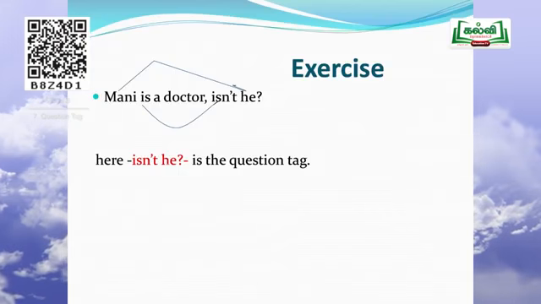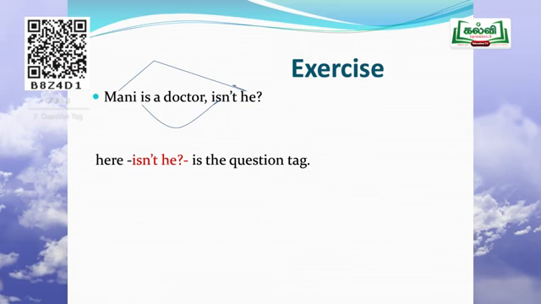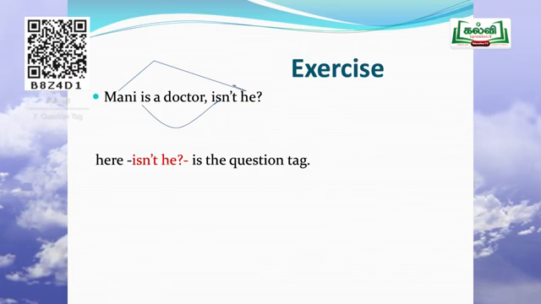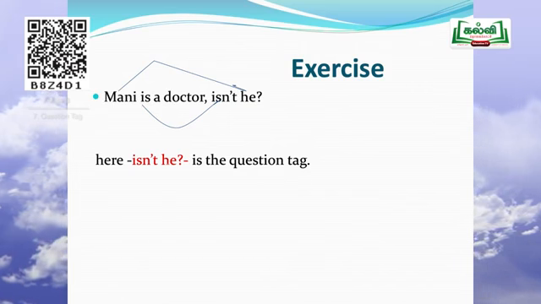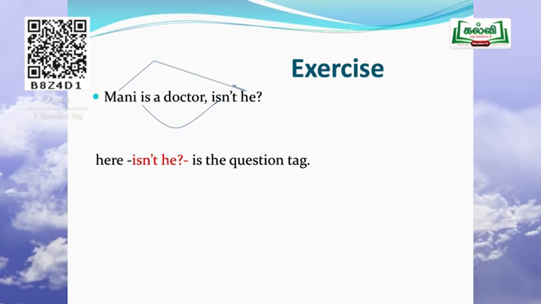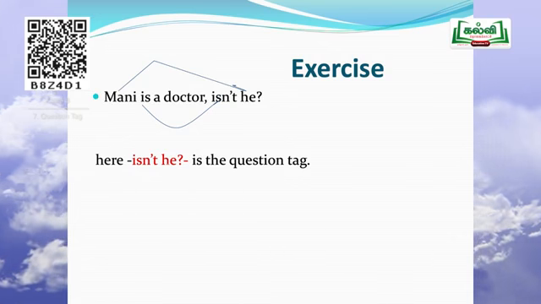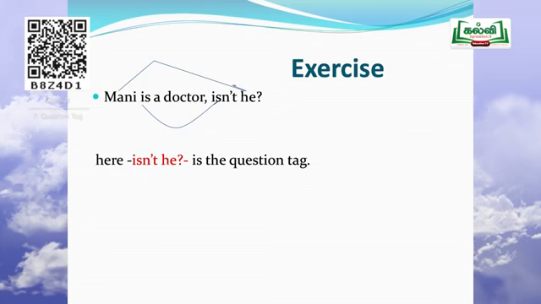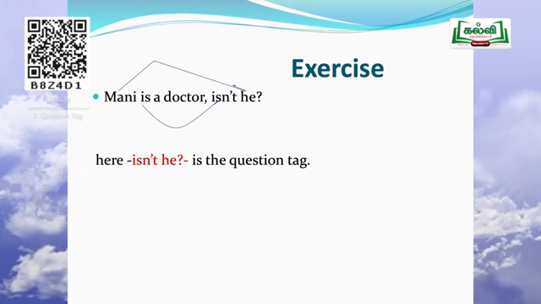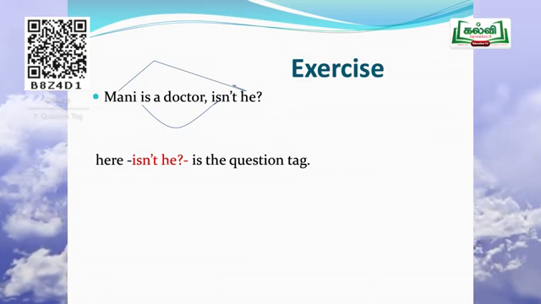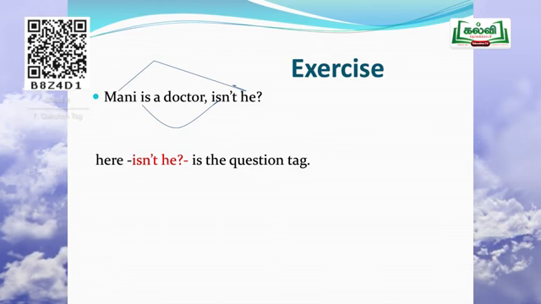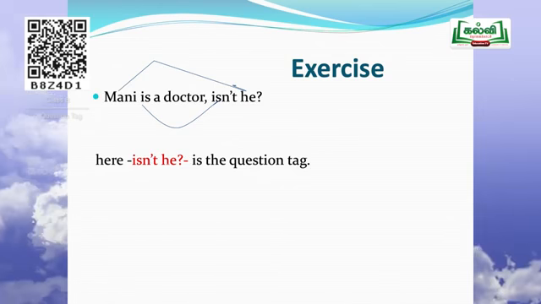Now let's take this example. Mani is a doctor, isn't he? Here, "isn't he" is a question tag. Now let's see how it forms. You have to read the statement again. Mani is a doctor. The first thing you have to identify is whether the sentence contains an auxiliary verb or not.